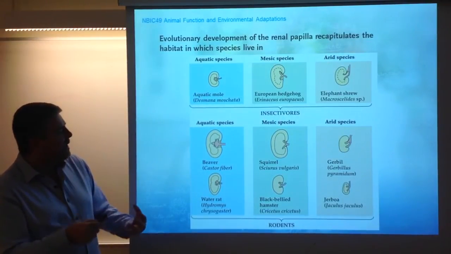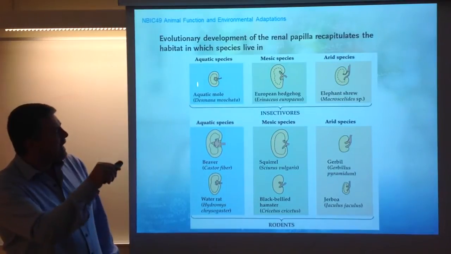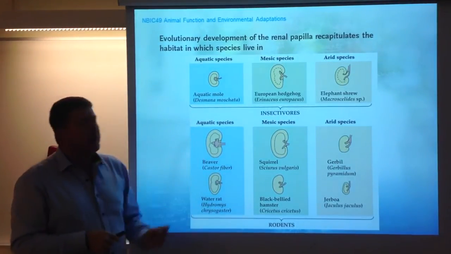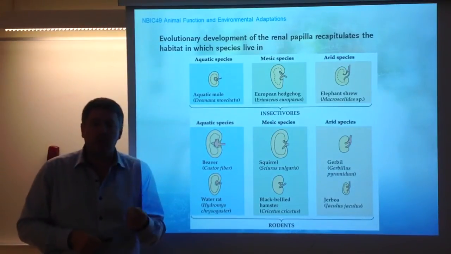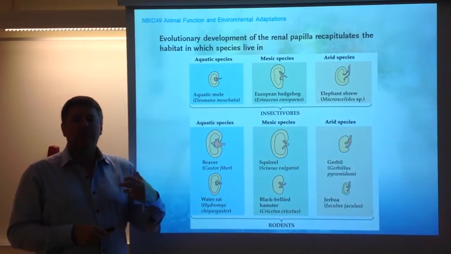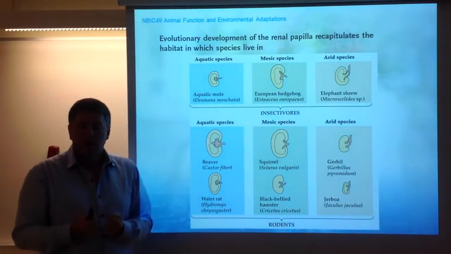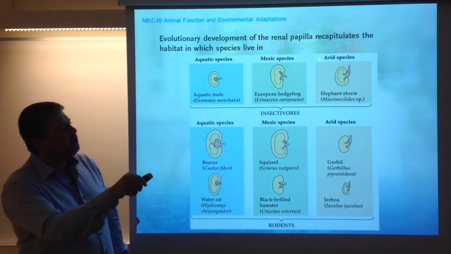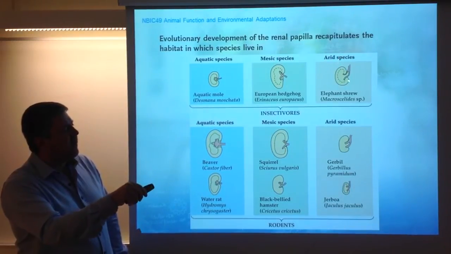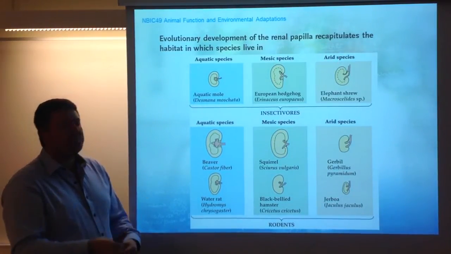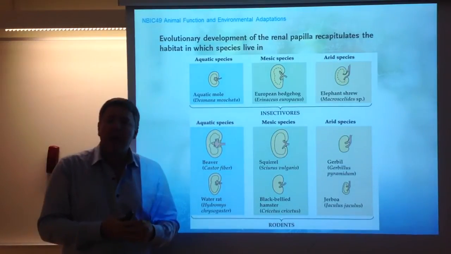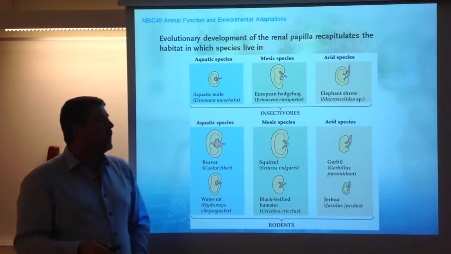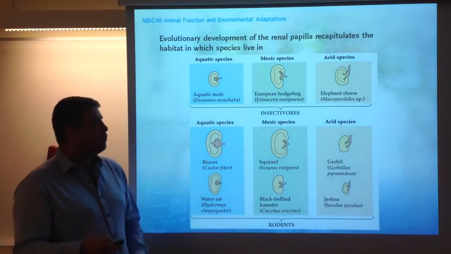In aquatic animals, there is a much thinner, much less developed renal medulla, so that the potential for reabsorption of water is much less. In arid species, in desert species, this renal medulla is more developed, allows for the existence of longer nephrons that will result in higher urine concentrations.